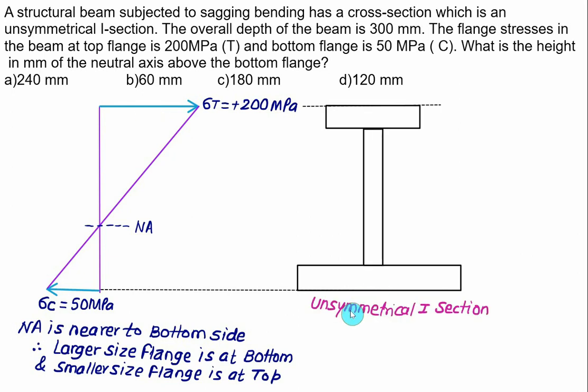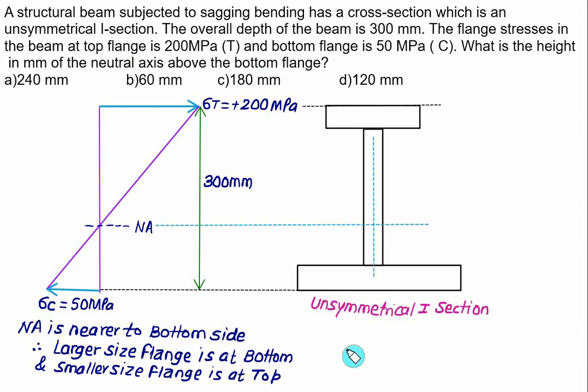This figure represents the required unsymmetrical section. The total depth is equal to 300 mm, so the top of the top flange and the bottom of the bottom flange are at a distance of 300 mm. What we are interested in is the height in mm of the neutral axis above the bottom flange.